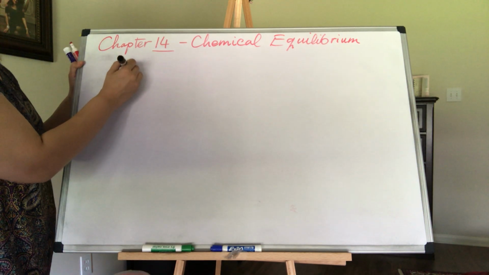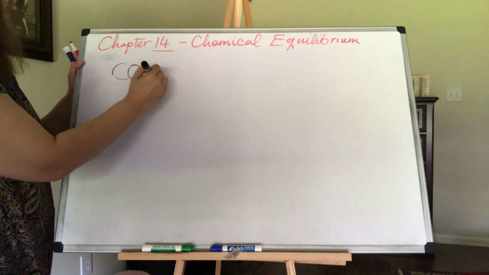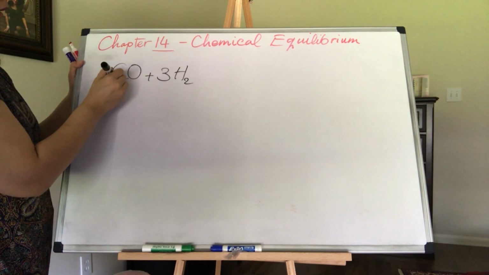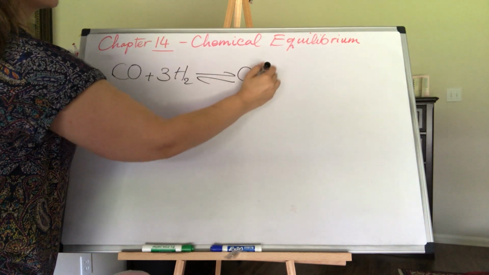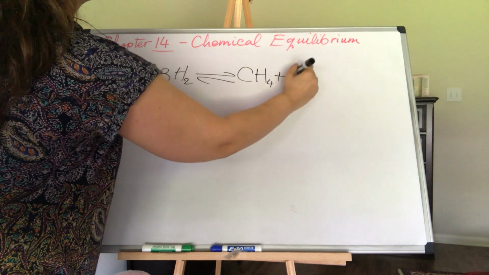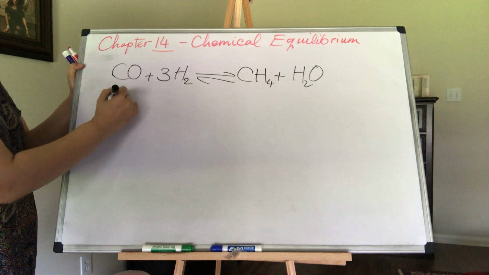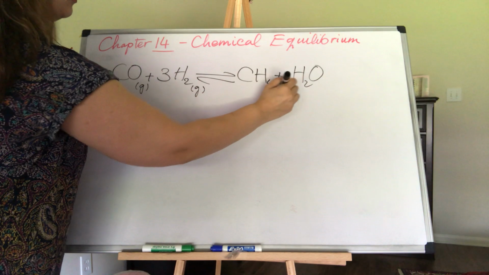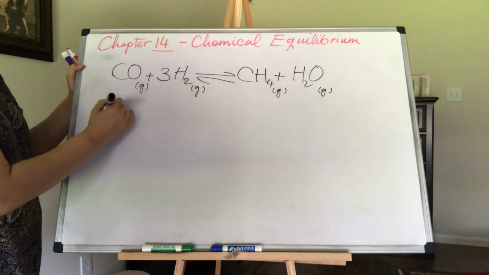CO plus 3H2 gives CH4 plus H2O, and all of them are gases. So how do we write Kp?